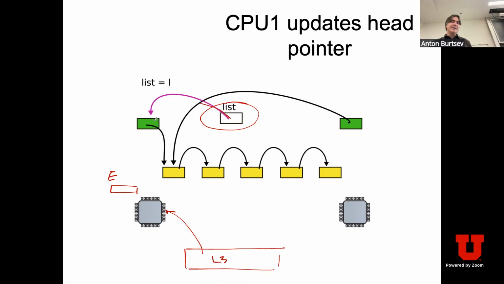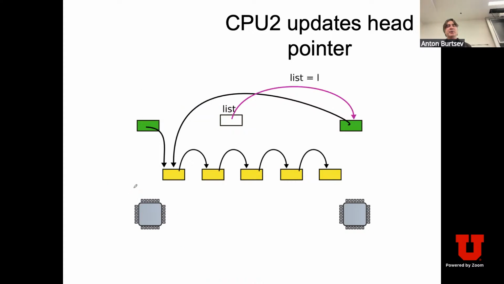So this write succeeds, updates the list variable. The list variable sits in this cache line. Then the second CPU updates the head pointer because it was waiting on this cache line. So this cache line, which was on this CPU in the exclusive state, gets invalidated and gets transferred here in the exclusive state. So this write proceeds, right? So essentially this write happens.